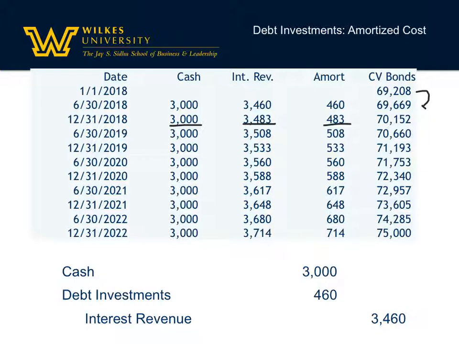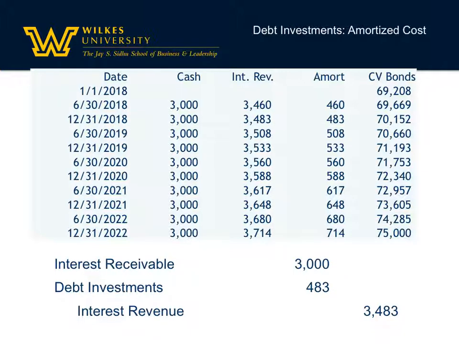But what if you're going to receive it on January 1st? You still have earned the interest during 2018, so we still have to make the journal entry for 2018. But instead of debiting cash, we're going to debit interest receivable. So here's the entry.